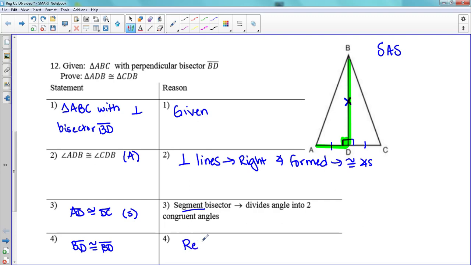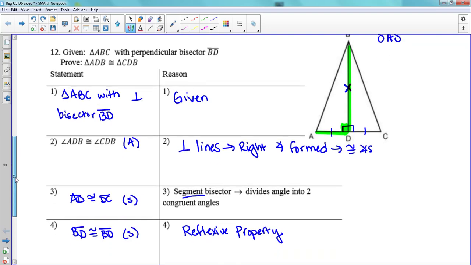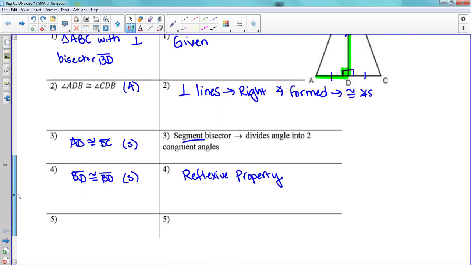That's right, that's the reflexive property. Again, this is a congruence statement, so I'm going to put an S there. That tells me I have my 3 congruence statements, so I am ready to prove that the triangles are congruent by side, angle, side. So I am almost done here.